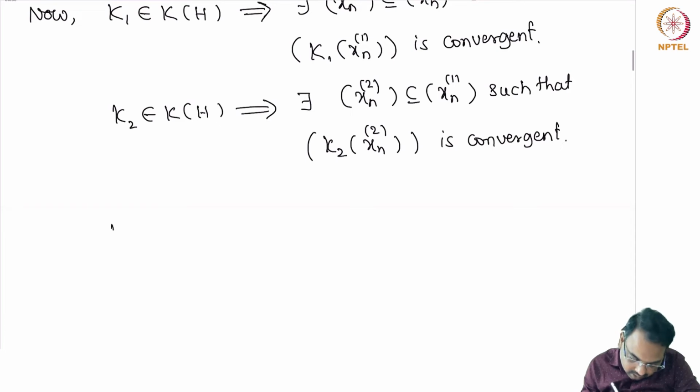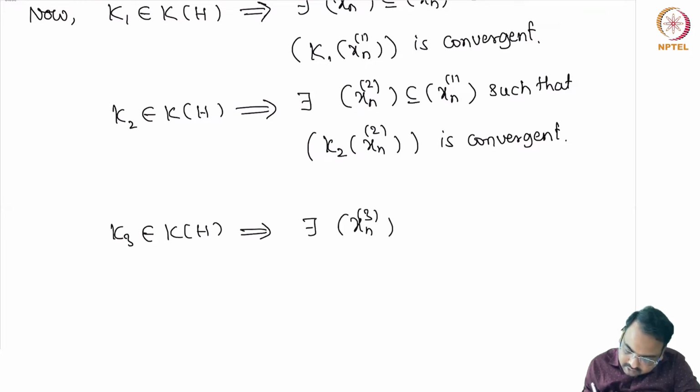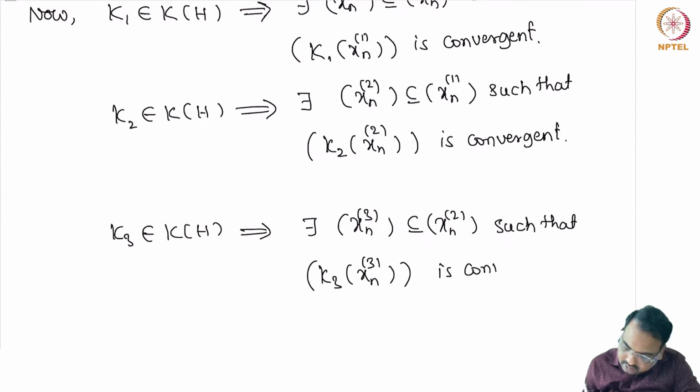Now K3 is also compact, so there exists xn3, a subsequence of xn2, such that K3 of xn3 is convergent.